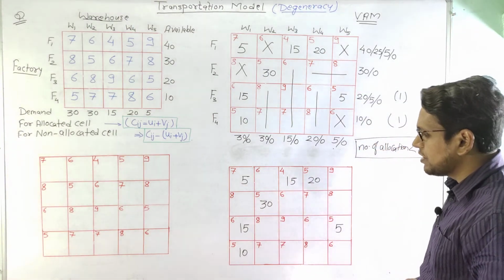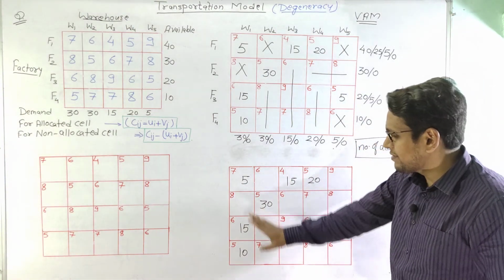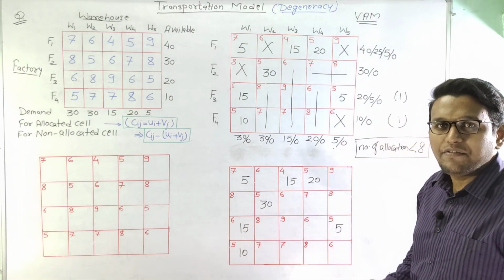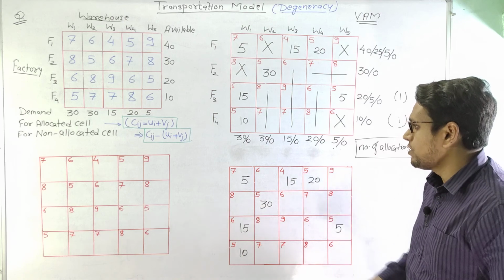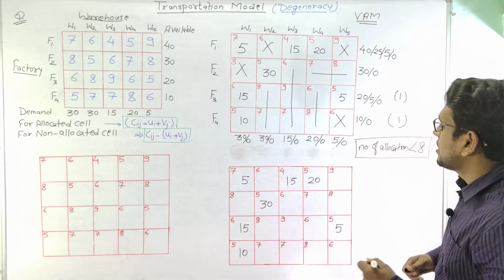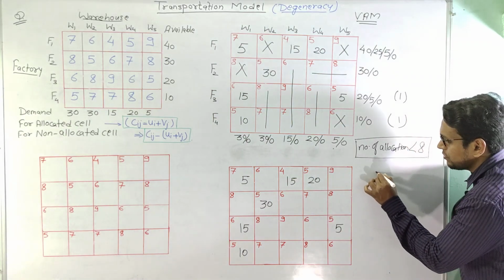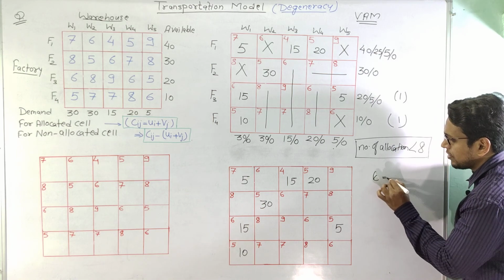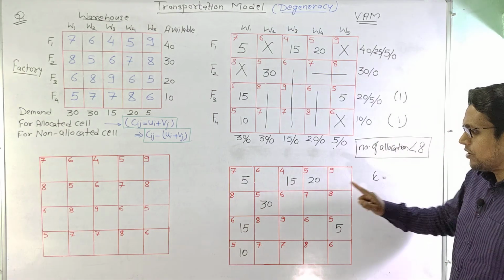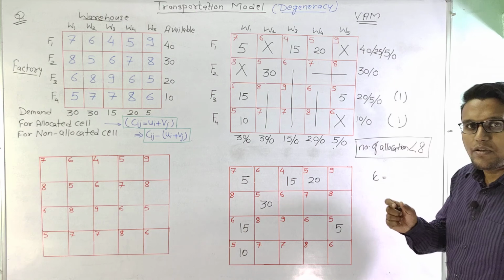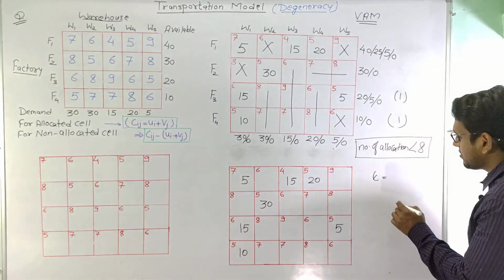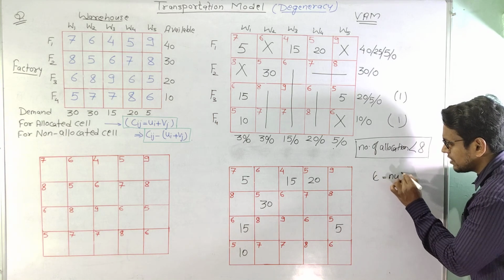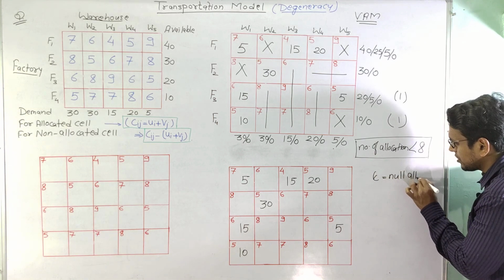So what I will do is I will select one cell which is not having loop and allocate the value epsilon there. So epsilon is the value I am going to allot on that particular cell. And what epsilon suggests is that it has null allocation.